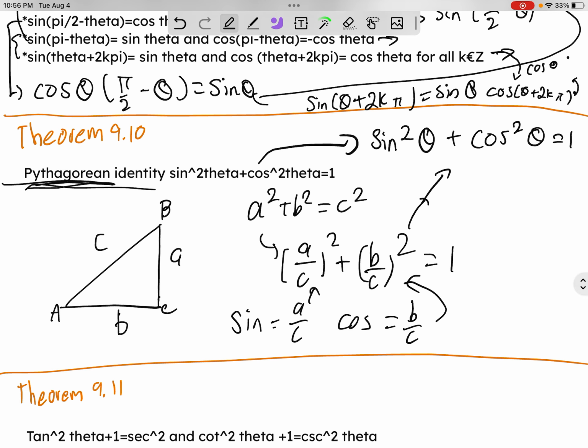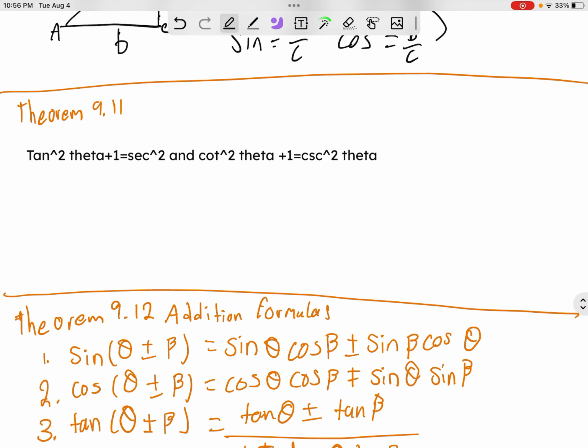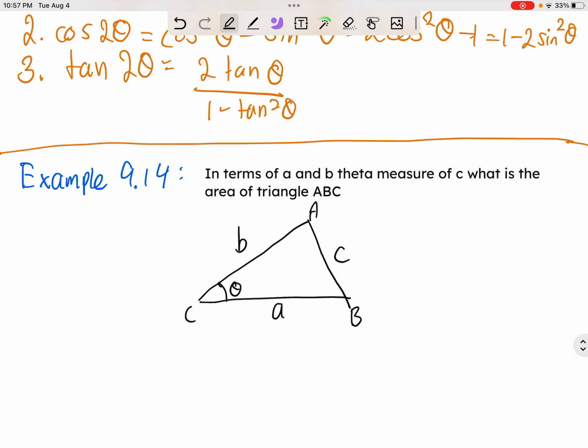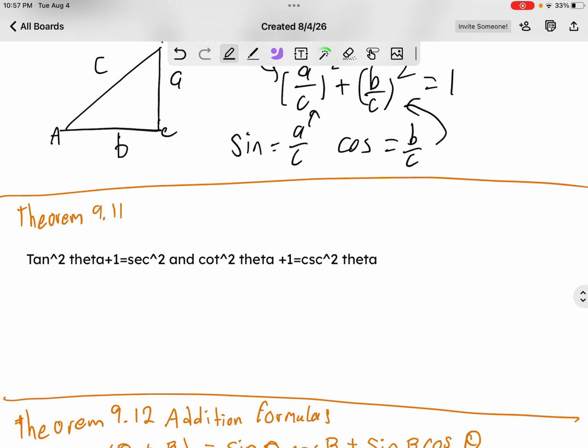Yeah, that's theorem 9.10. And of course, I have to write theorem 9.11 into mathematical form. Oh, at least I wrote everything else in mathematical form. Anyway, let's start writing.